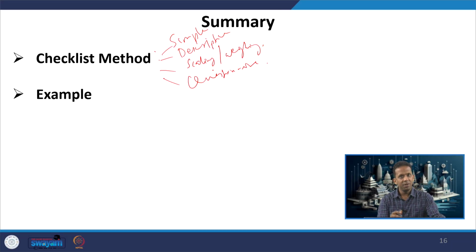Each of these methods has its own pros and cons, but the most widely used is the simple checklist method, and that is why we saw 2 or 3 examples. In one example, the bridge construction project in Thailand, we saw in detail how this simple checklist method was used to list down all the environmental components that would get affected by that bridge project.